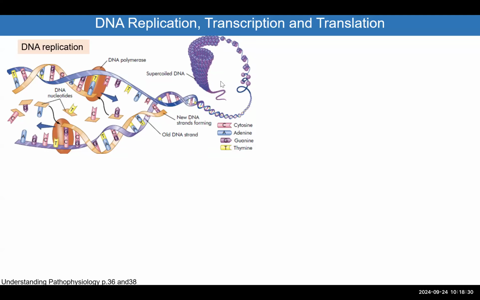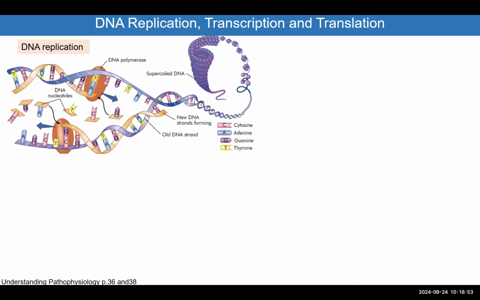So in order to replicate that DNA, we have to unwind it. And in the lab, I mentioned the enzyme helicase, which is needed besides other enzymes like topoisomerase in order to unwind the DNA helix.